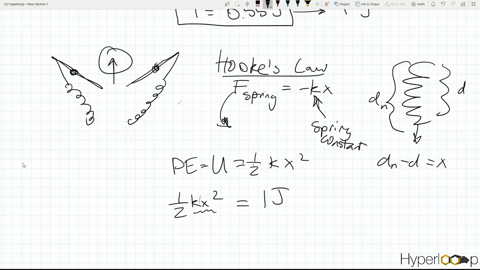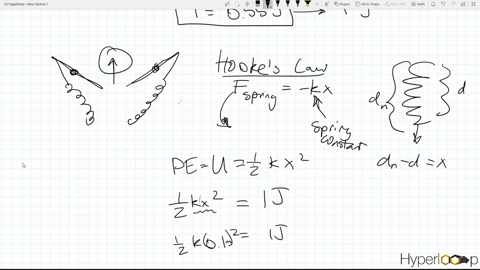So right now I'll just say a displacement of 10 centimeters, so 0.1 meters, with 1/2 k, 0.1 meters squared, equal to 1 joule.